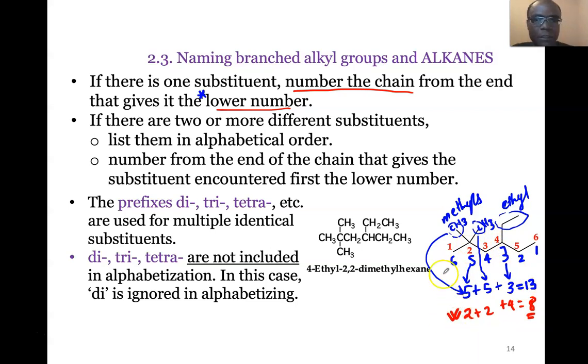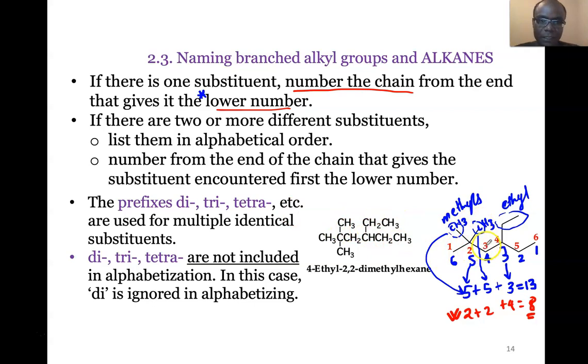So this is the correct one, because the rule says that you have to number the chain from the end that gives the substituents the lowest number, whether there's one or more substituent. Then if there are multiple groups, like here we have 2 methyls, so we'll say dimethyl in the name.